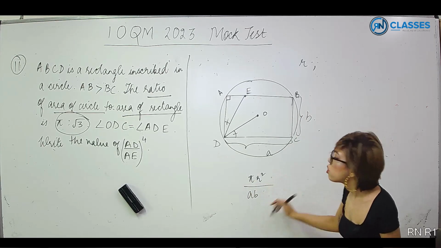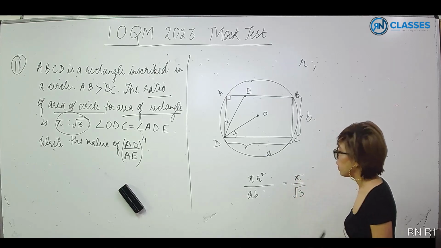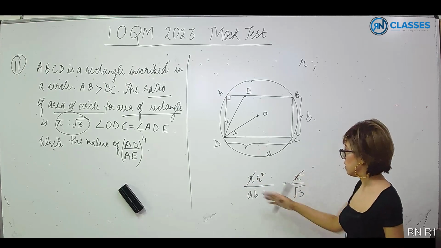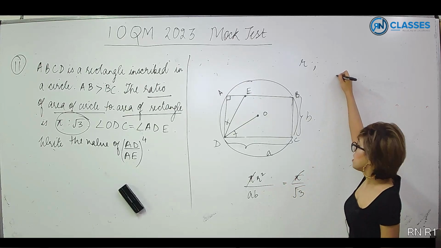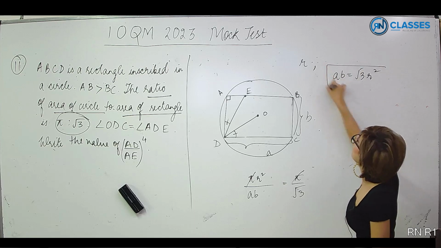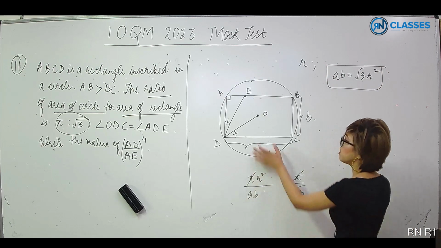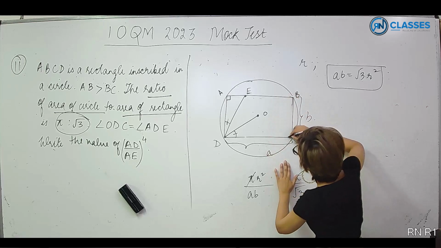Now he says this ratio is nothing but pi by root 3. So obviously I will get this cancelled out and I will get AB is equal to root 3 r square. Also I know that this is a rectangle, so here I have 90 degrees.